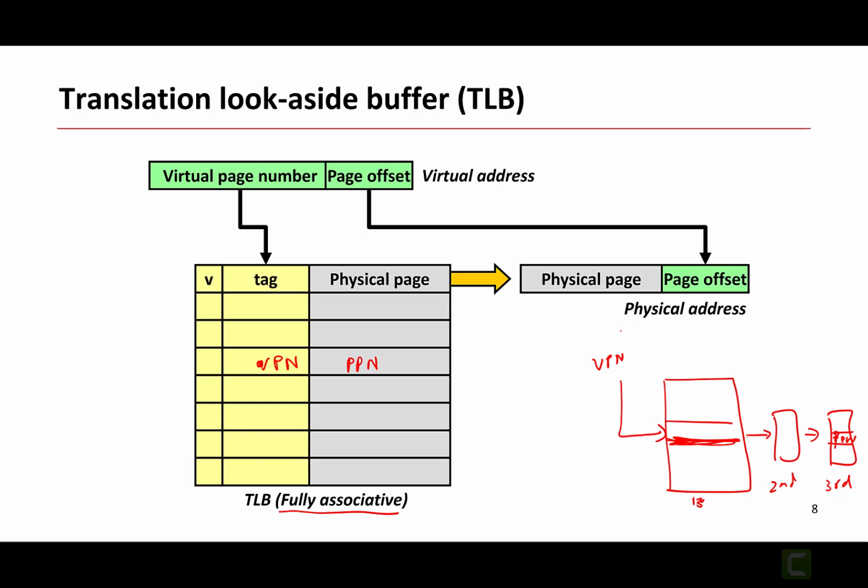So I'm not really interested in the address of the second level page table from here. I'm not interested in the address of the third level page table. What I'm only interested in is the physical page number. So this is what I need. Given a virtual page number, I need to translate that into a physical page number. All that the hierarchical table allowed us to do is save page table space in main memory.